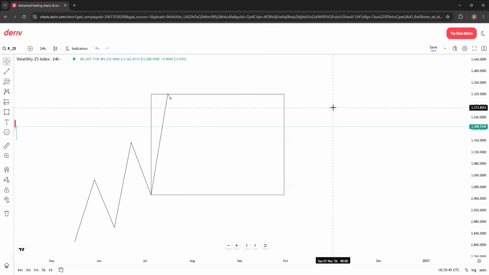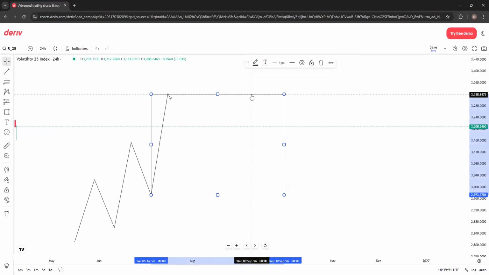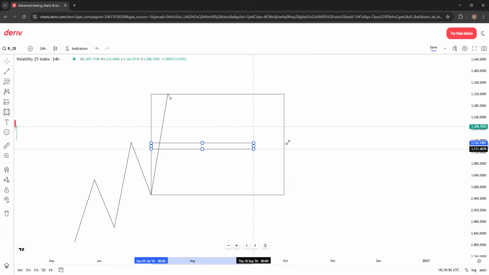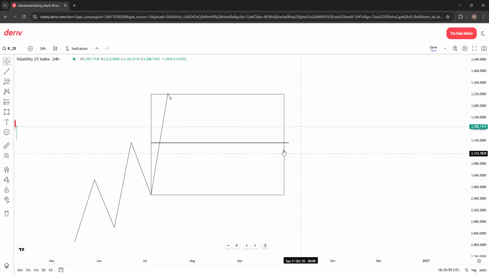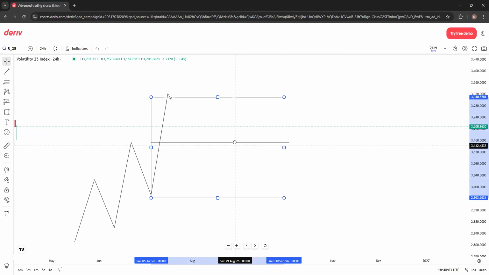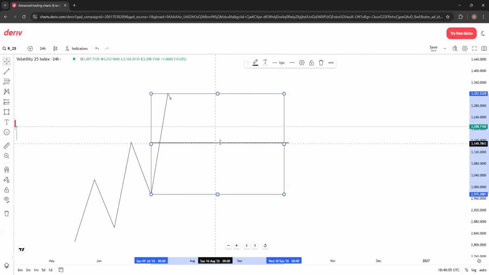As we touch our low and our newly made high, remember it's going to give us sort of a box. And on this box, we have what we call an equilibrium point or a 50-50% point. So here is our 50% point or our equilibrium point. Right.